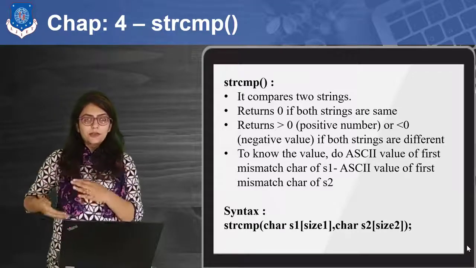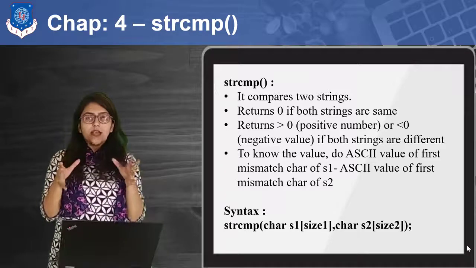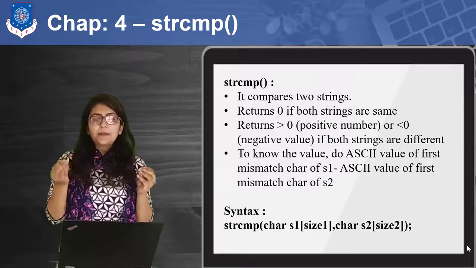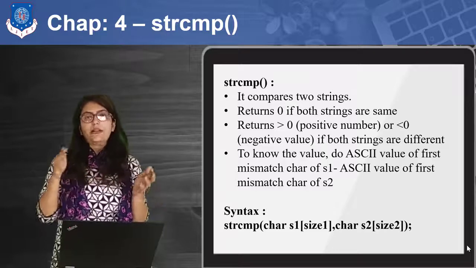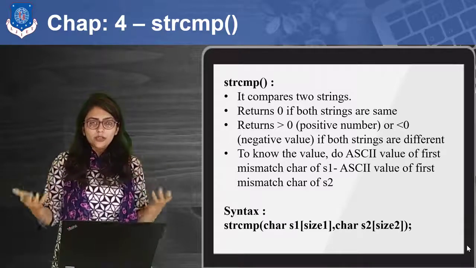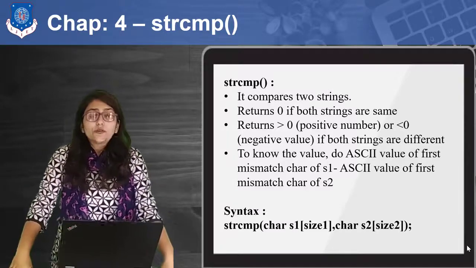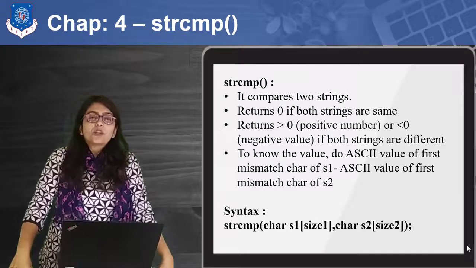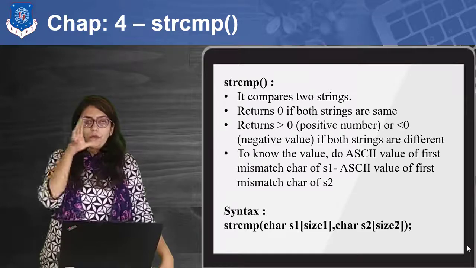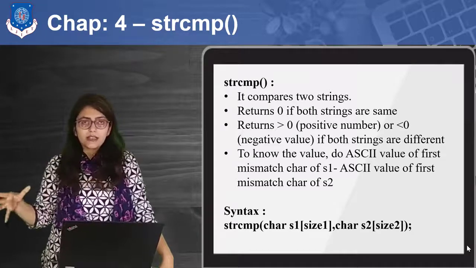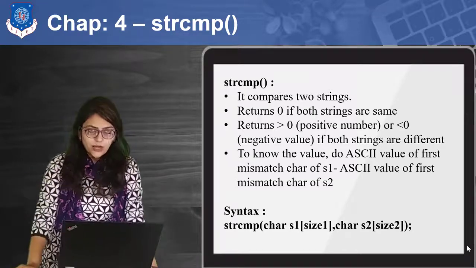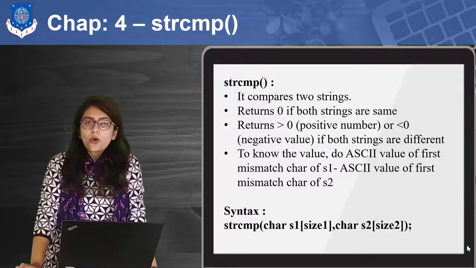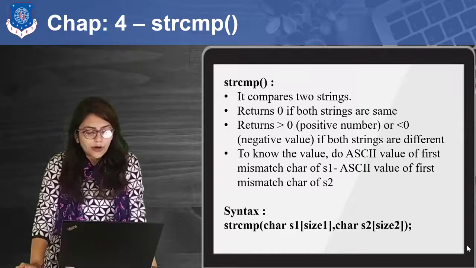All of this is done on the ASCII values, and based on this, some non-zero value is returned. For equal strings, the ASCII values will be equal, so the final answer, first ASCII value minus second ASCII value, is 0. So if two strings are equal, we get 0. If two strings are not equal, we get a non-zero value.